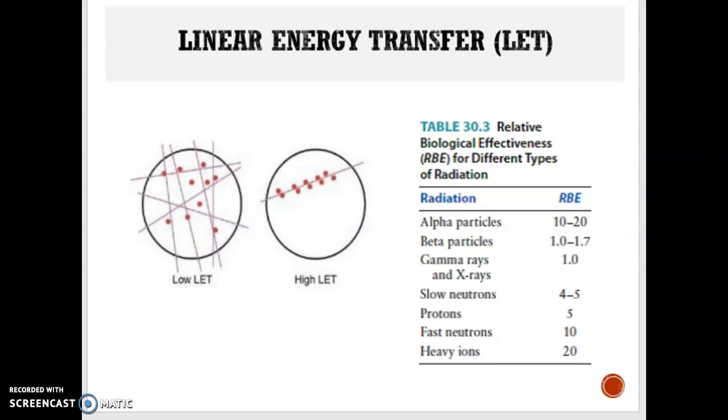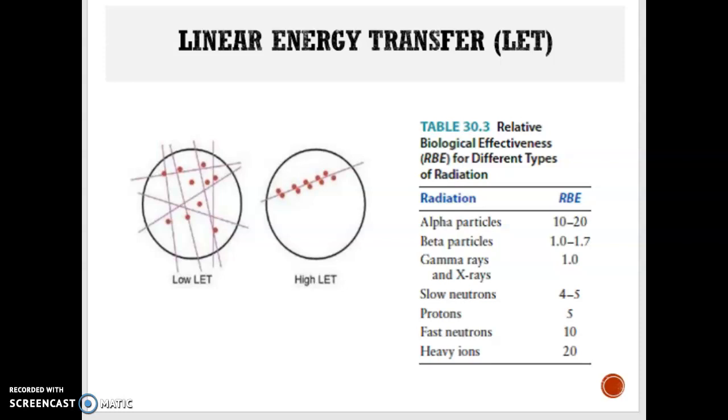Now, the quality factor, or the Q factor you see here to the right of the slide, is a symbol for expressing the linear energy transfer response to the biological system or to the tissue. And as you can see, the protons have a quality factor of 5, and alpha particles have a quality factor of 10 to 20.